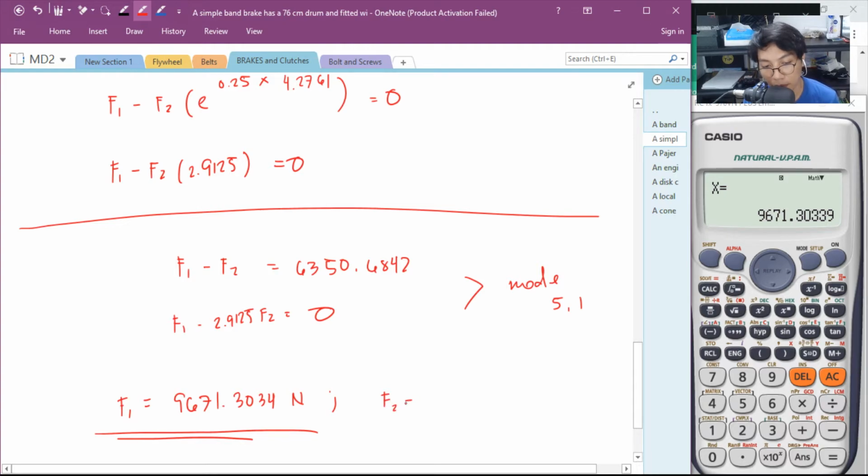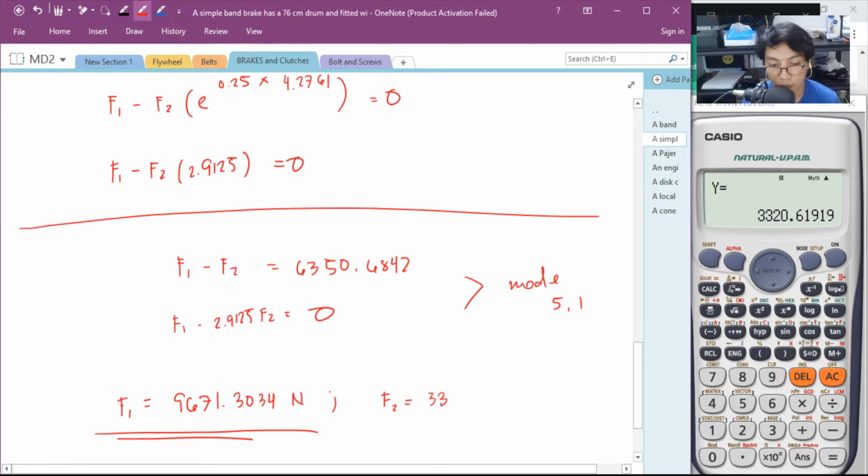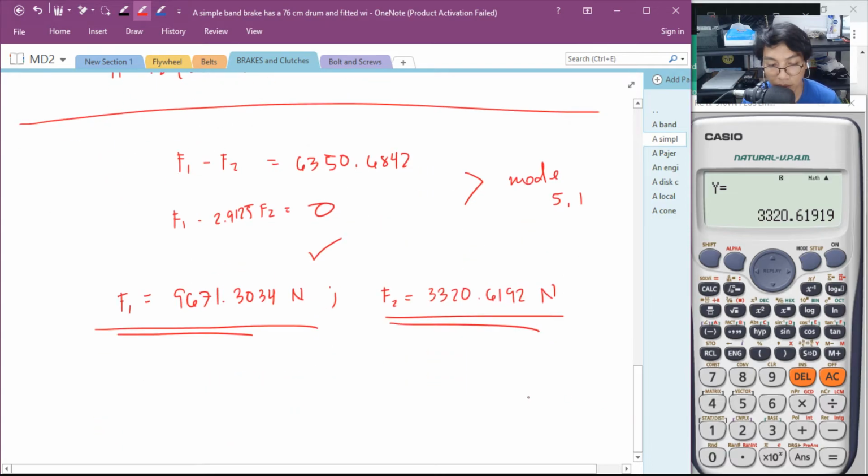Hanapin na natin si F2. F2 is 3320.6192 newtons.